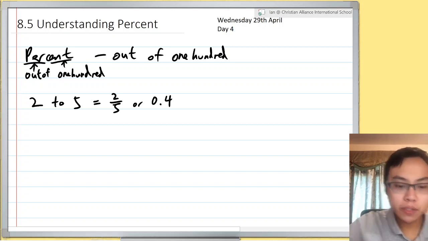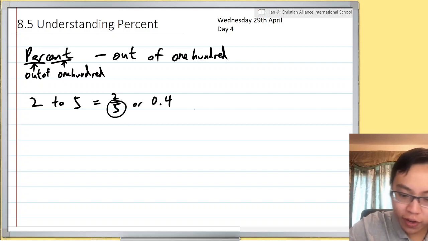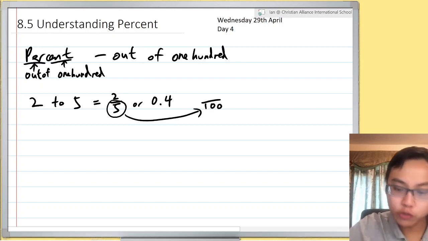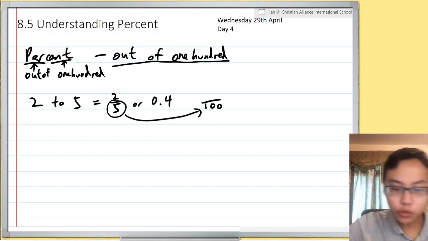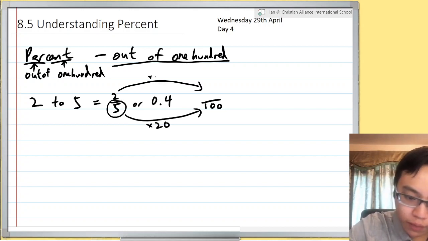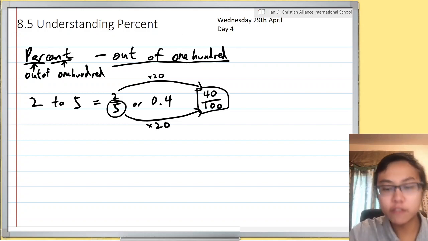Now we can even change it to a percent. What does percent mean? This is 2 out of 5. I want to change that 5 to out of 100, because that is what percent means. So 5 times what is 100? Times 20. So 5 times 20 is 100, and 2 times 20 is 40 out of 100.